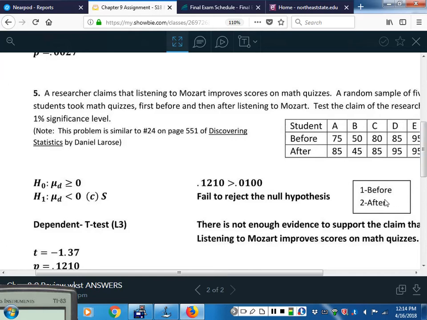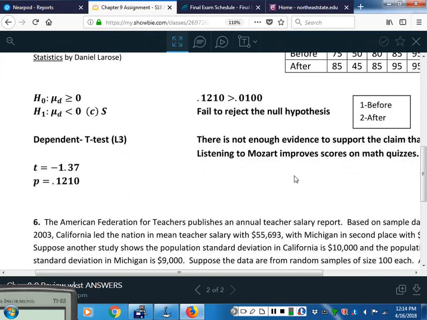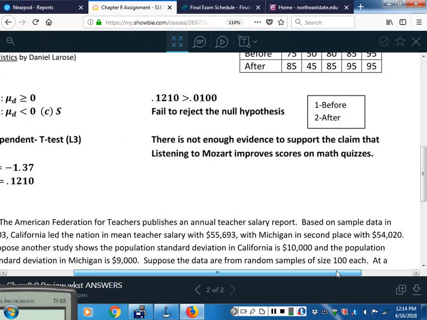Okay, it's because of the way that they did the subtraction, and that's why I always tell you to do it a certain way, because what they've done is they're doing before minus after rather than the other way around. Oh, okay. That would be my guess. But your conclusion would be the same.